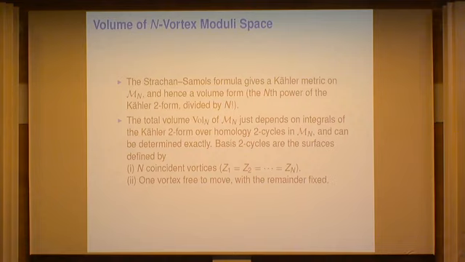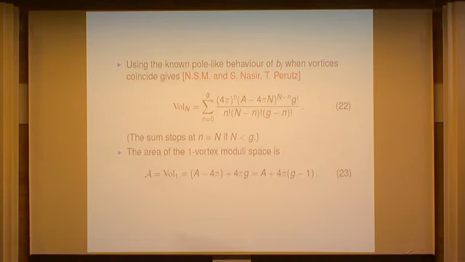We know the limiting form of the B as two or more vortices coalesce. So using the known pole-like behavior of these B's when vortices coincide gives us this complete closed formula for the moduli space volume.